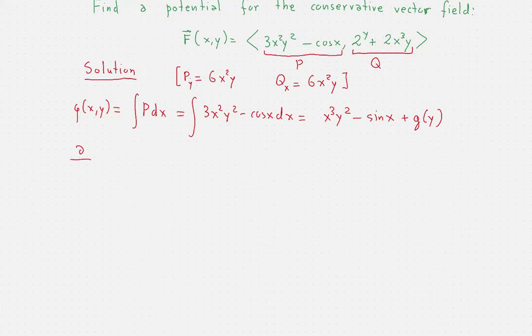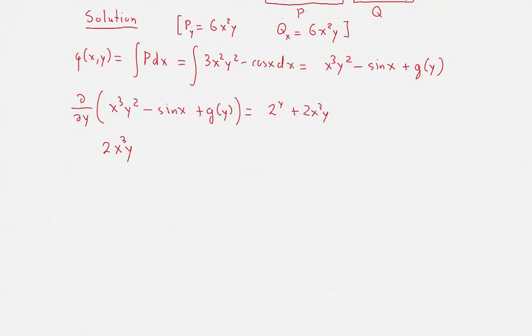But we also want the partial derivative of this with respect to y to be equal to the second component. And what this means is that 2x cubed y, that's the partial derivative of x cubed y squared with respect to y.